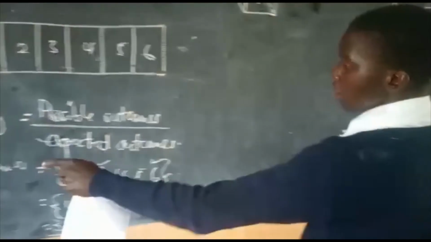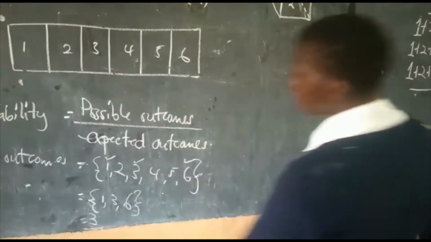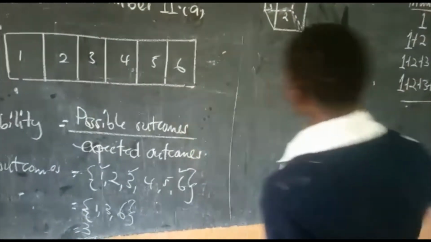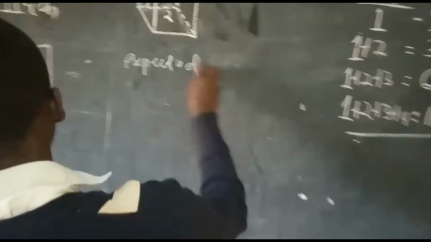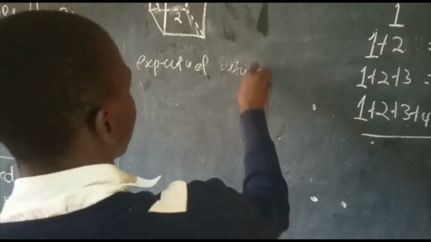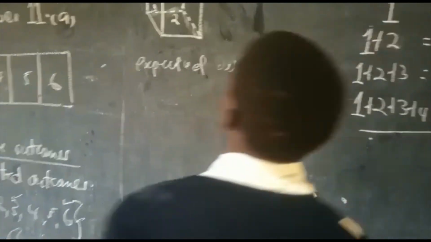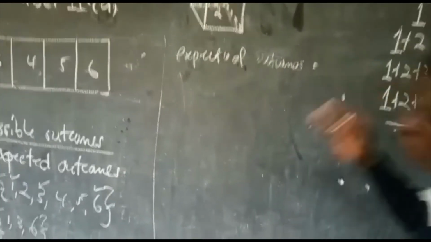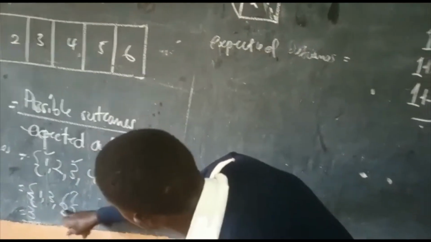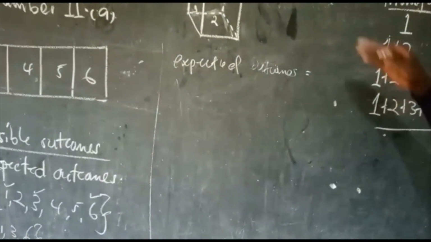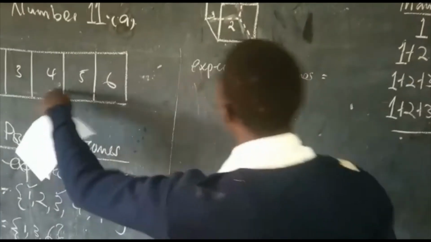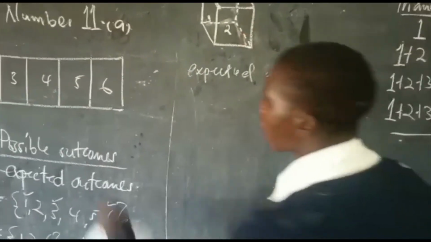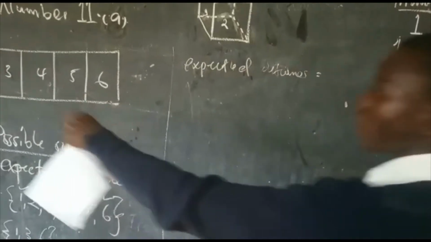Having known the possible outcomes being 3, I'm going to investigate now the expected outcomes. Members, on the dice, I'm not only expecting 1, 3, 6, the triangular numbers, but I'm expecting to throw the dice and get either 4, 5, or 2.